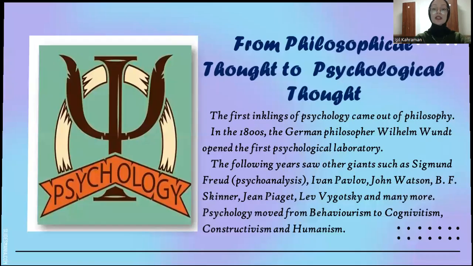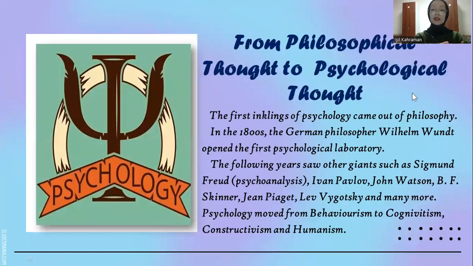And let's start with from philosophical thought to psychological thought. We know that the first inklings of psychology came out of philosophy. In the 18th century, the German philosopher Wilhelm Wundt opened the first psychological laboratory, and this was the start, and the following years saw other giants such as Freud, Pavlov, Watson, Piaget, and many more.